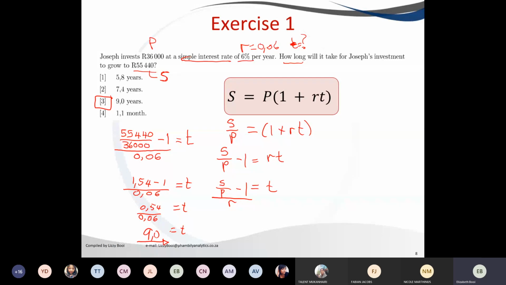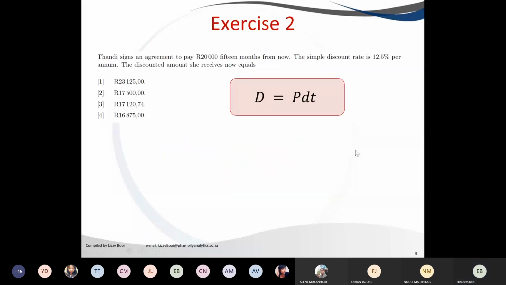Okay, any question? Anyone with a question? If there are no questions, your next exercise. Kindly signs an agreement to pay 20,000 15 months from now.